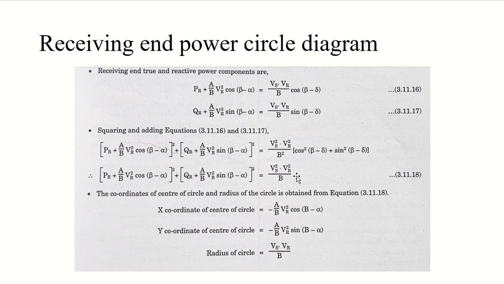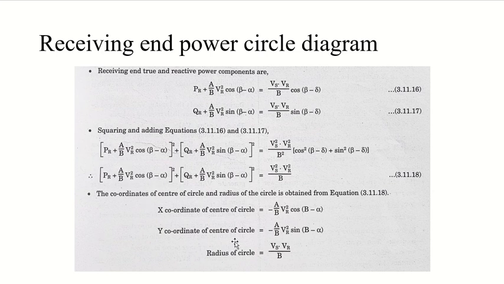Then the coordinates of the center of the circle and the radius of your circle. To obtain those coordinates for the center of the circle and the radius of the circle, you can find them from these formulas. As you can see here, for the x coordinate you will have minus A by B VR square cos beta minus alpha, which is basically this formula here.